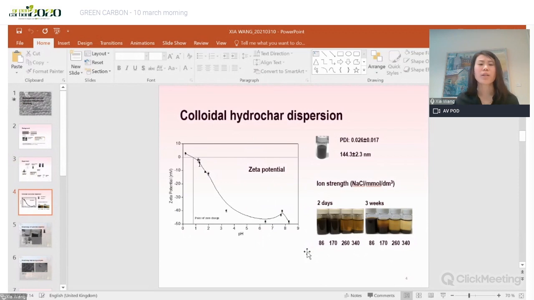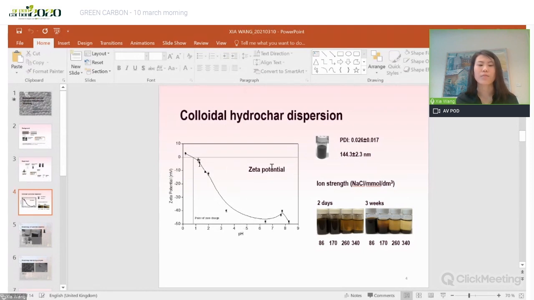So for this colloidal hydrochar dispersion, the DLS results showed it's highly monodispersed with the PDI values of this. And also the particle sizes are centered at 140 nanometers with a very narrow particle size distribution range. And the zeta potential is quite negative.